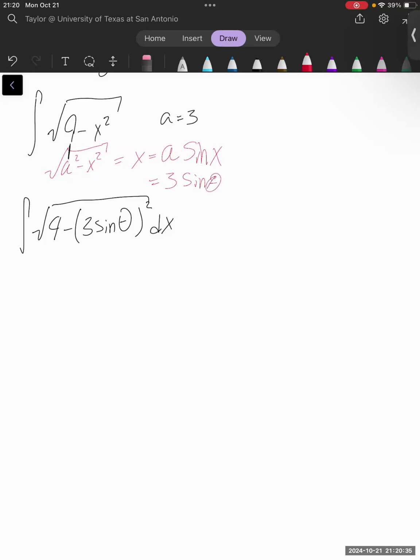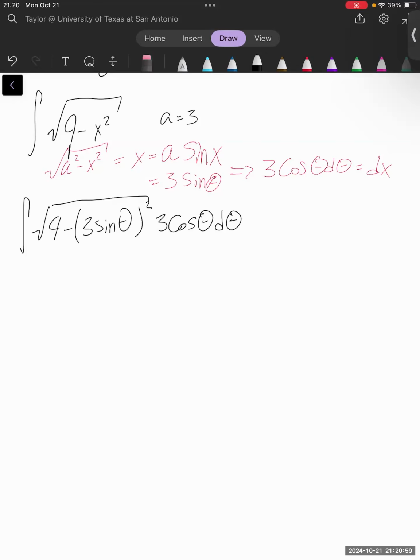So if I take this derivative, I get 3 cosine theta d theta equals dx. So I'm going to substitute this dx term, giving me 3 cosine theta d theta.